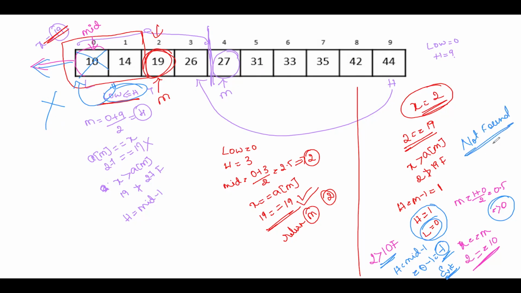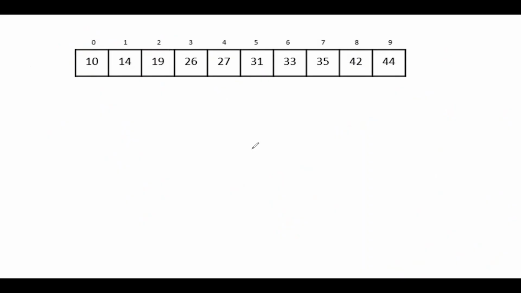So this is how the binary search algorithm works. If you compare binary search and linear search, which we learned in the previous session: in linear search, we took a key element and looked at each of the values. In binary search, we are only looking at half of the data set, so we completely reduce the search space.